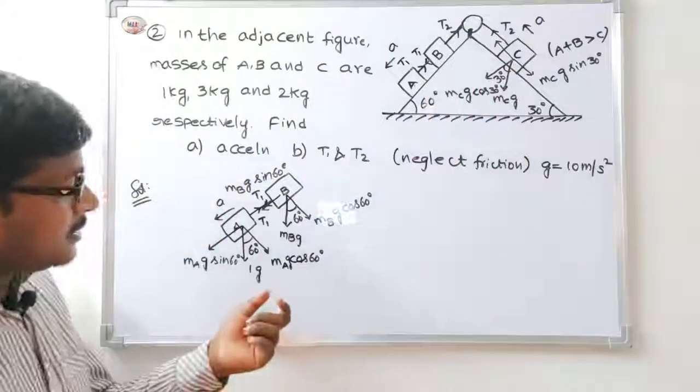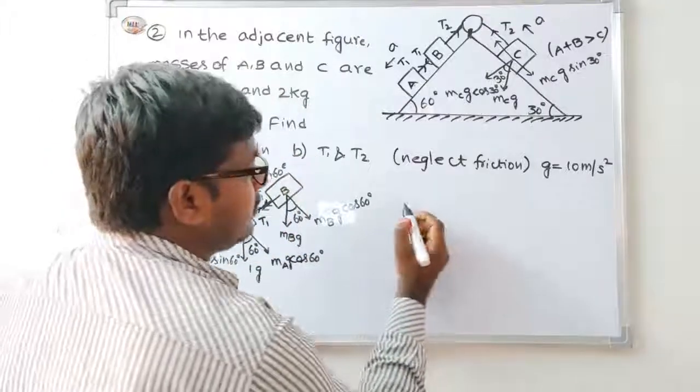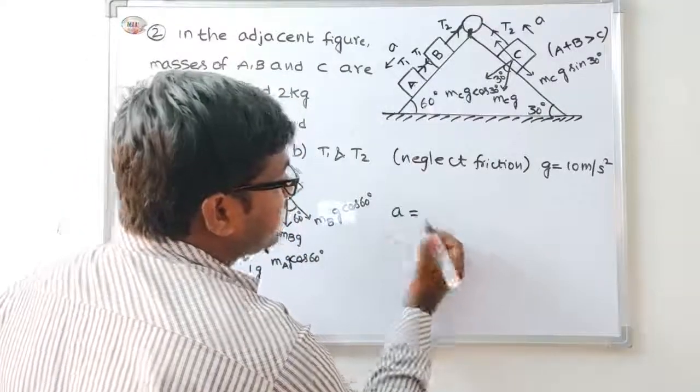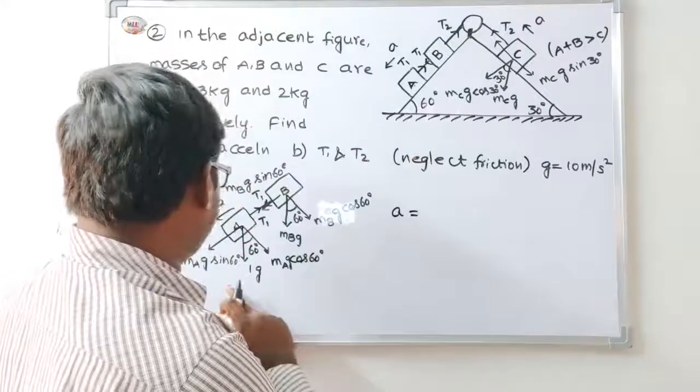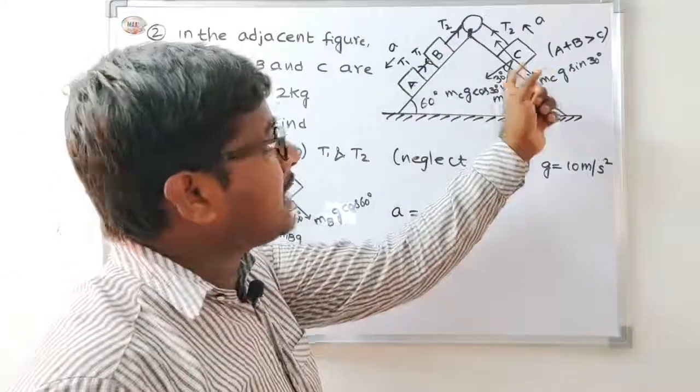First here net pulling force, the acceleration A is equal to, these two blocks are acting in one side, another block is acting other side.